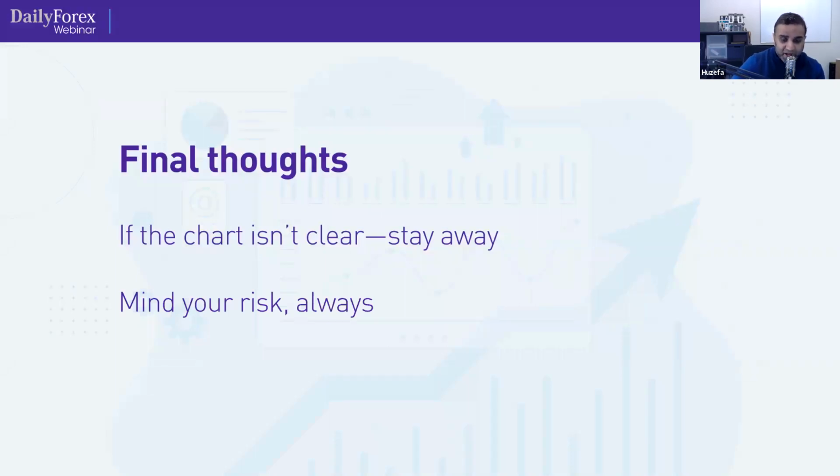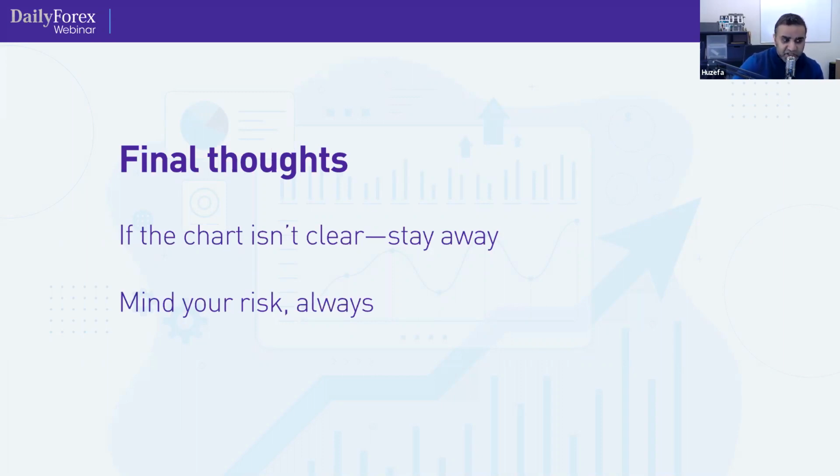Always mind your risk. I think the best practice is to carry a stop loss for every single trade and make sure that your potential reward or target is going to be higher than the value of the stop loss. So you want a positive reward to risk ratio, above 1, ideally 1.5, 2, 3 to 1, something like that.